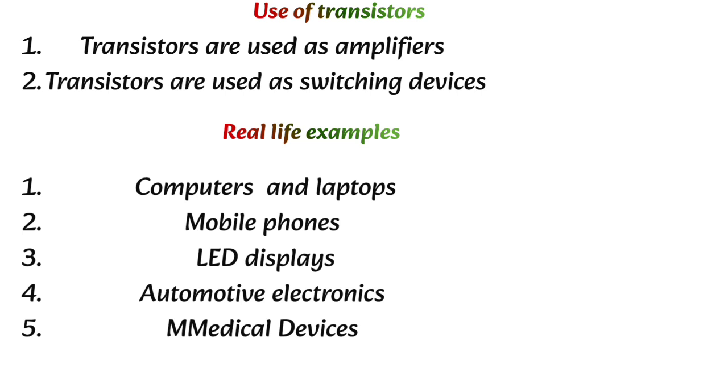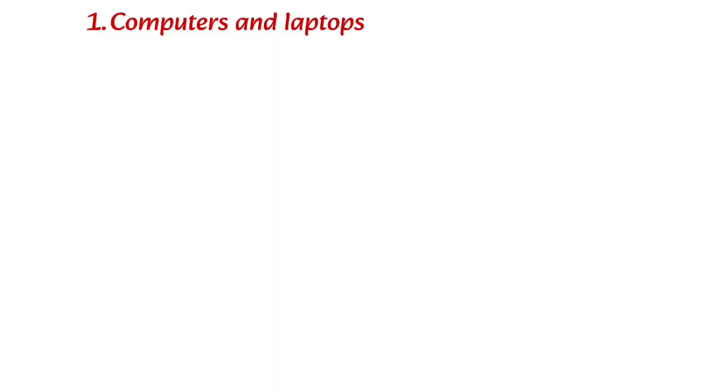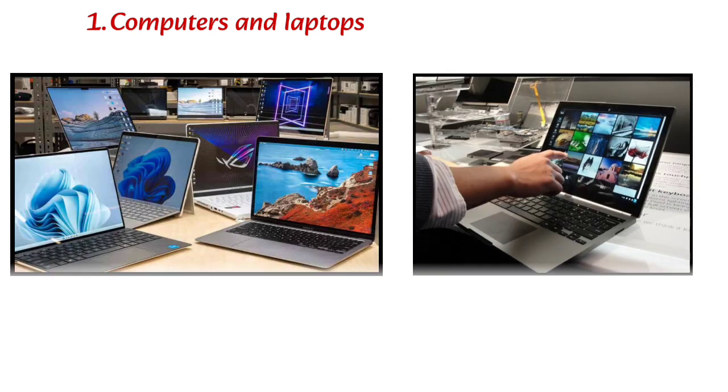Some real life examples to understand the purpose of the transistor: transistors are mainly used in computers and laptops, mobile phones, LED displays, automotive electronics and medical devices. Here I will explain one real-time example to understand how transistors are used in computers and laptops.